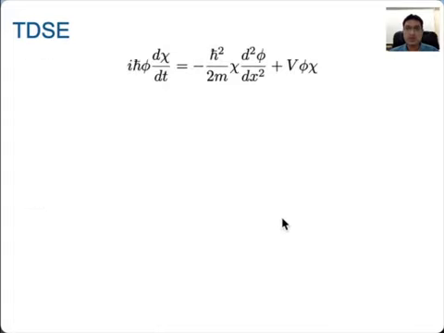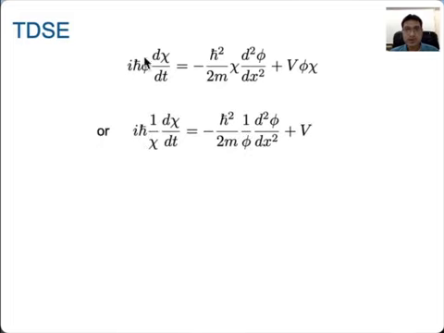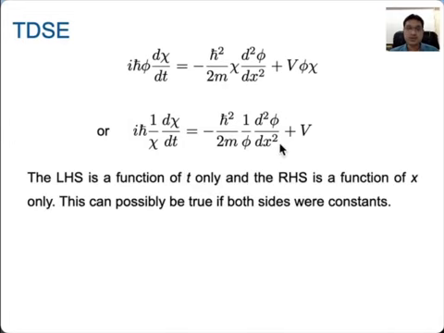Now we can divide the whole equation by phi chi. When you divide by phi chi, phi will cancel out on the left and 1 over chi will come there, and on the right 1 over phi will come. The potential term is independent of this, since phi chi is in both. So you notice that your left hand side is only a function of chi, whereas the right hand side is only a function of phi, and in this way you have separated the total equation.